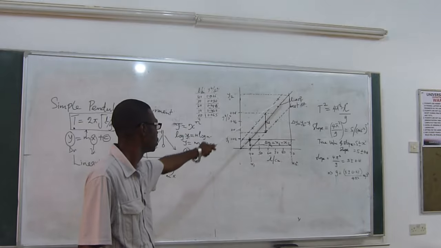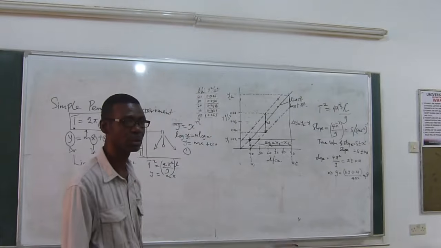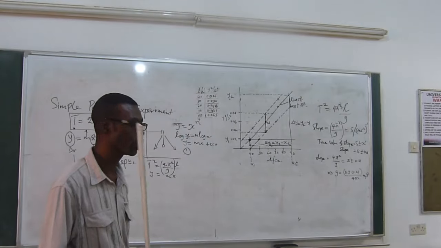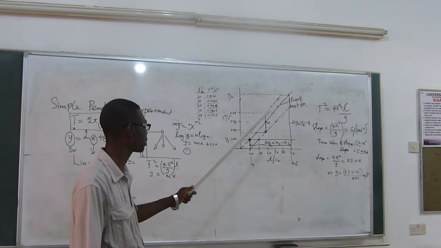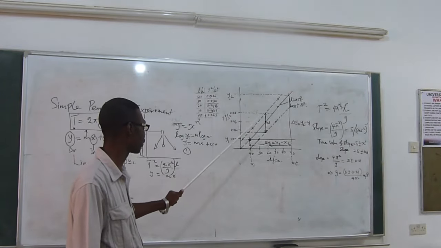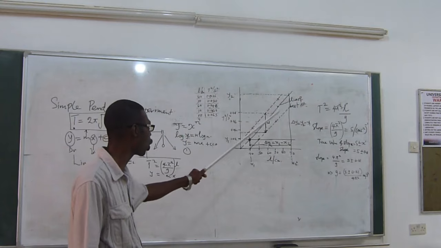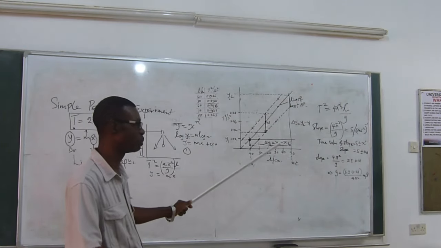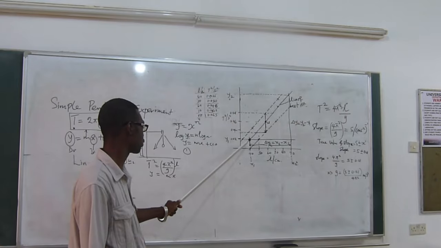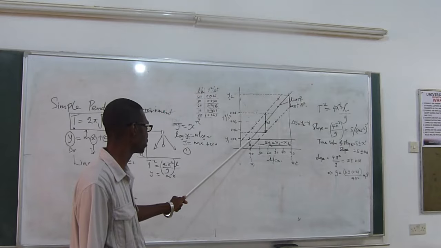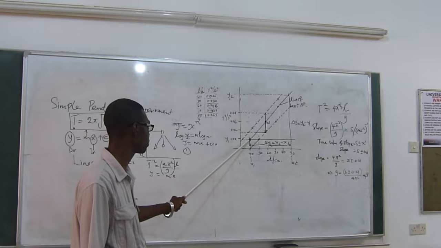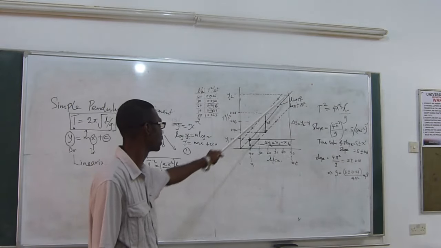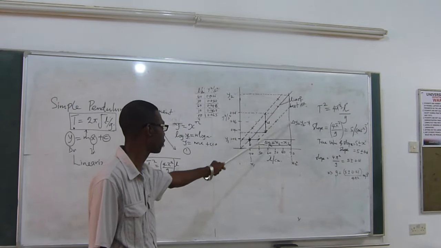Your slope also must be found or must be located in such a way that it covers a greater part of the graph and not necessarily on the points on the graph, so that you don't repeat your mistake or your error. Right? So if you have plotted a straight line, you can take a point here, the lowest point here, and take the highest point here that I have in my own case here.